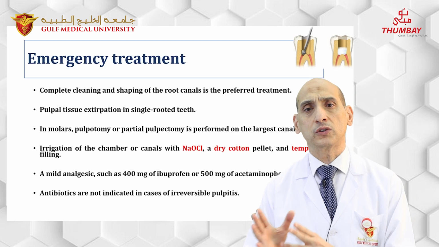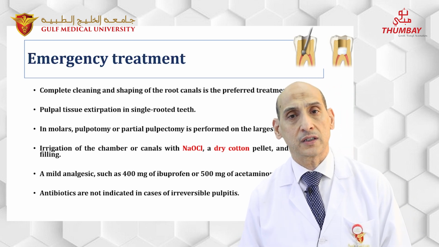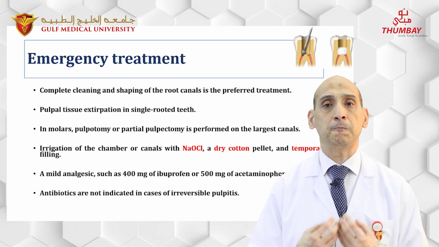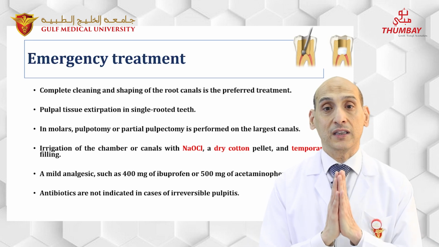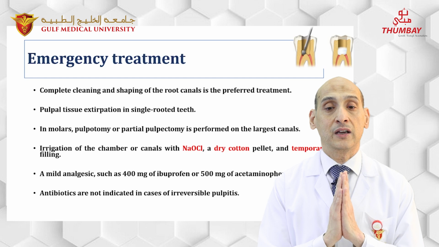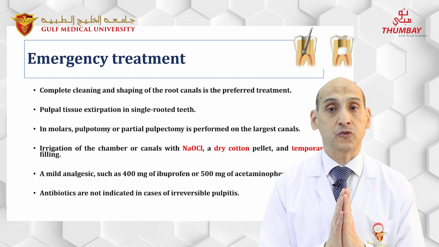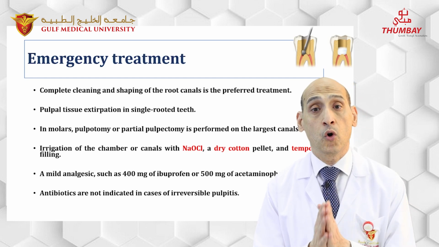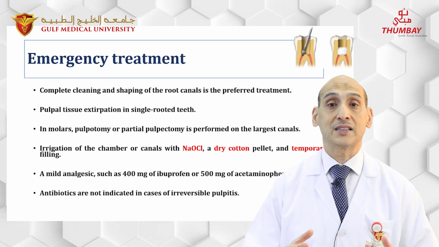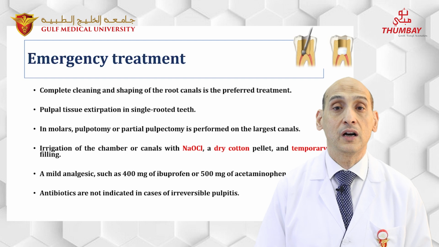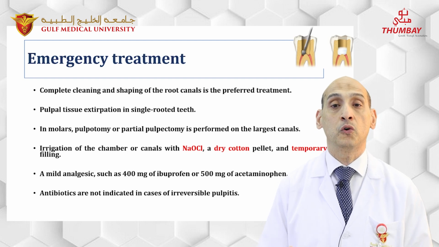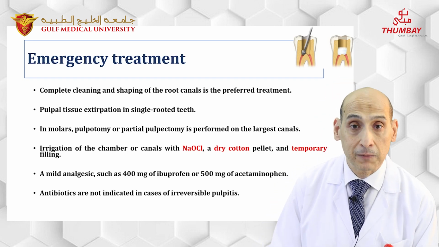If I'm talking about anterior teeth, it's easy to extirpate the pulp tissue as a whole. But if we have limited time, as for example in cases of molars, I can just do a pulpotomy, which is deroofing of the pulp chamber and removal of the content of the pulp chamber.